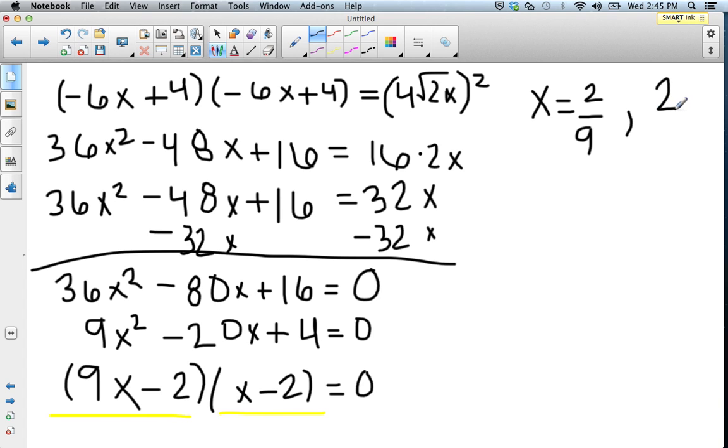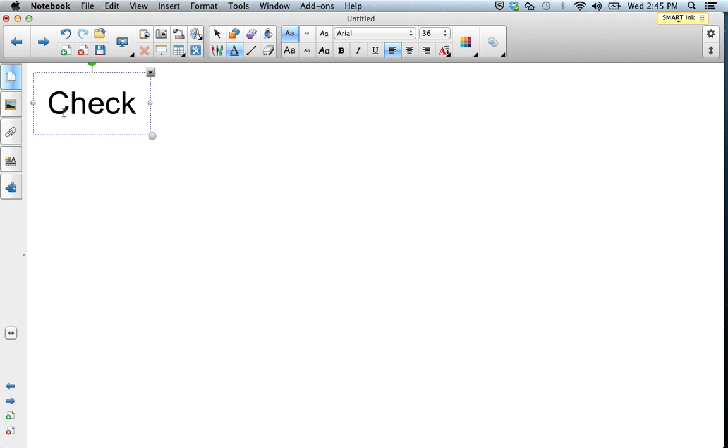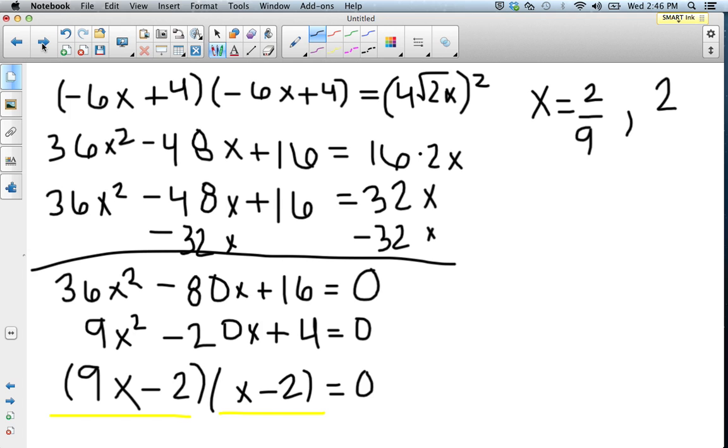And we always have to check to make sure that these aren't extraneous solutions. So I'm going to go on to the next page and check. I'm going to start with 2 over 9, and substitute it back into my original equation. Check. What am I checking again? 2 over 9, yes.